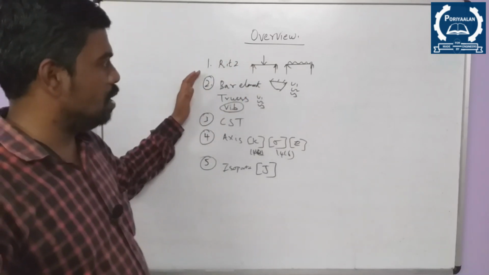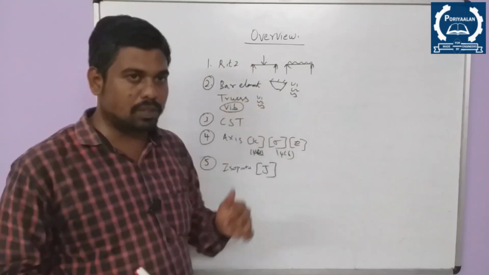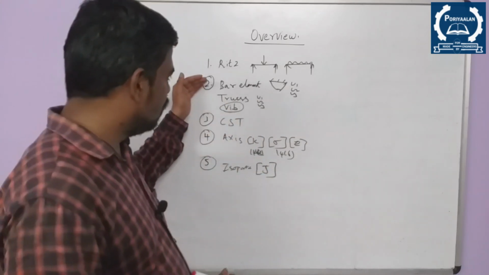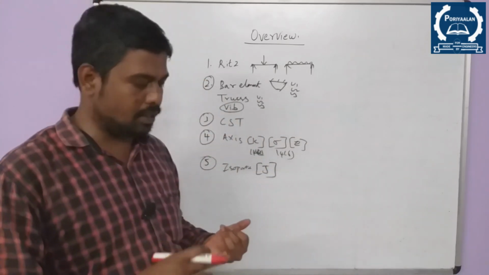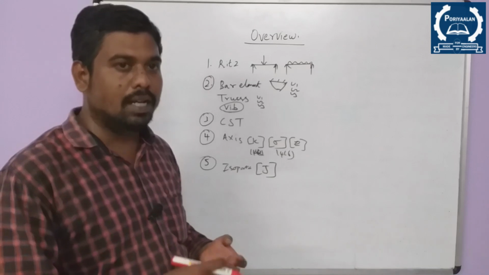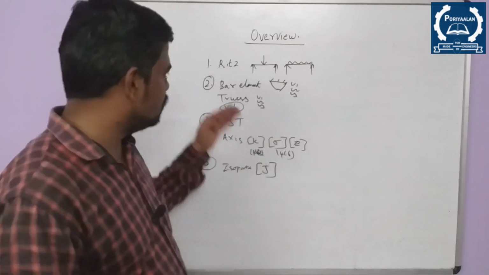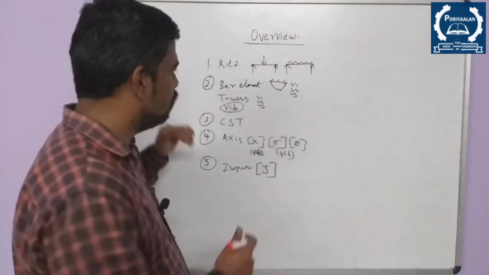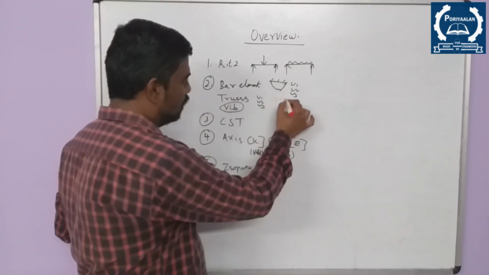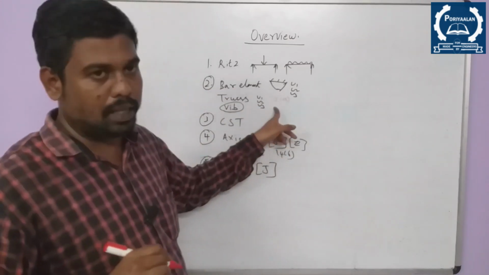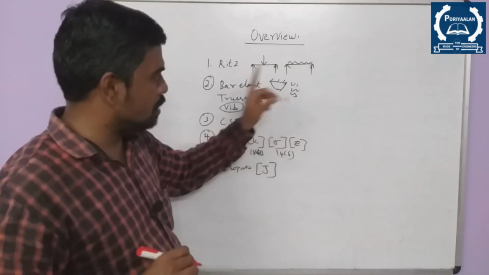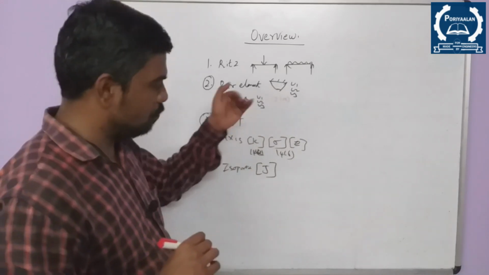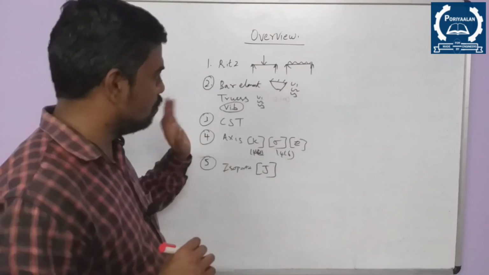The second is the bar element. Unit 2 has more subdivisions: bar element, stresses, vibration, heat transfer problems, a vast syllabus. Concentrate on the bar element; we will definitely get one question in 12A. Concentrate on the taper bar, the same for the one dimensional bar element, and temperature effects also.